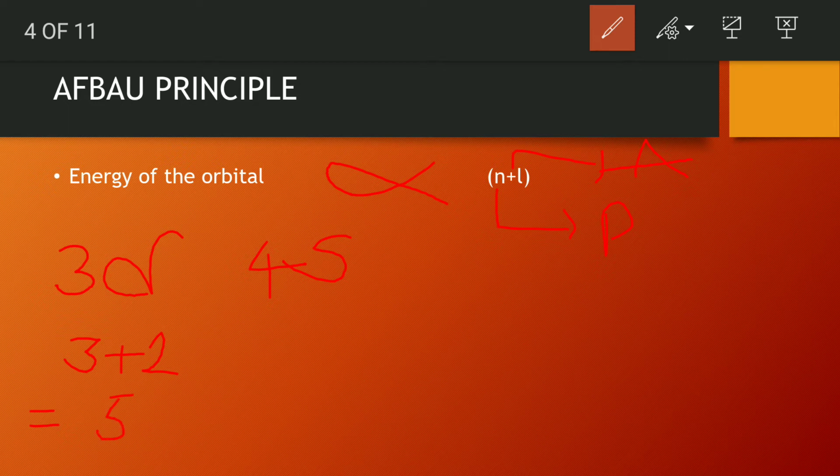In the case of 4s, the value of n is 4 and the value of L is 0. So here the value of n plus L is 4. By this condition we can say that the 3d energy is higher than 4s.